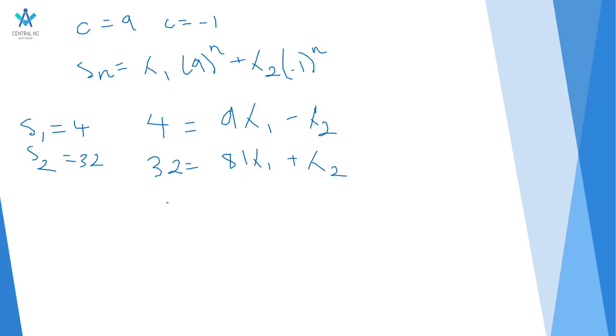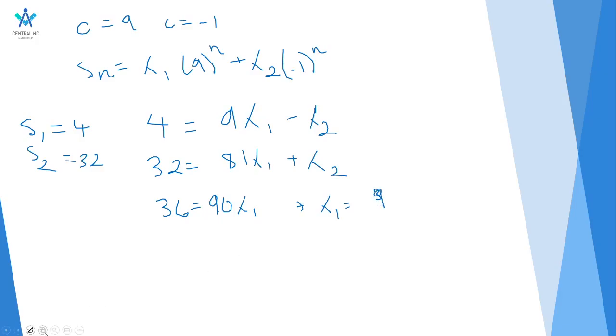So if we sum these over, we get 36 is equal to 90 lambda 1.